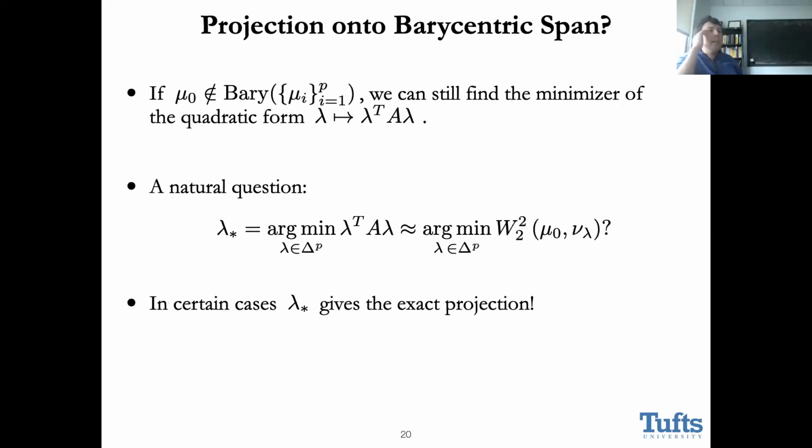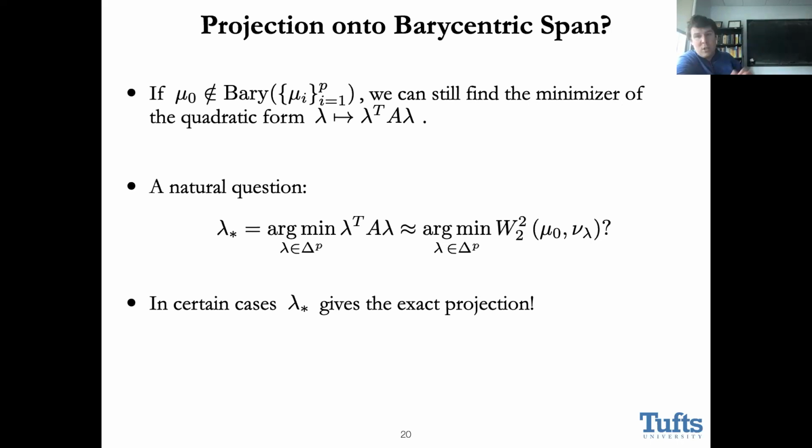Let me say a little bit, before I get into statistics, about what we can do in general. Our general goal was to find the best representation in the barycentric span. This requires me to do some projection, which in some sense, the theorem I just showed pertains to projecting when the projected distance is 0. It's just giving me the coefficients.